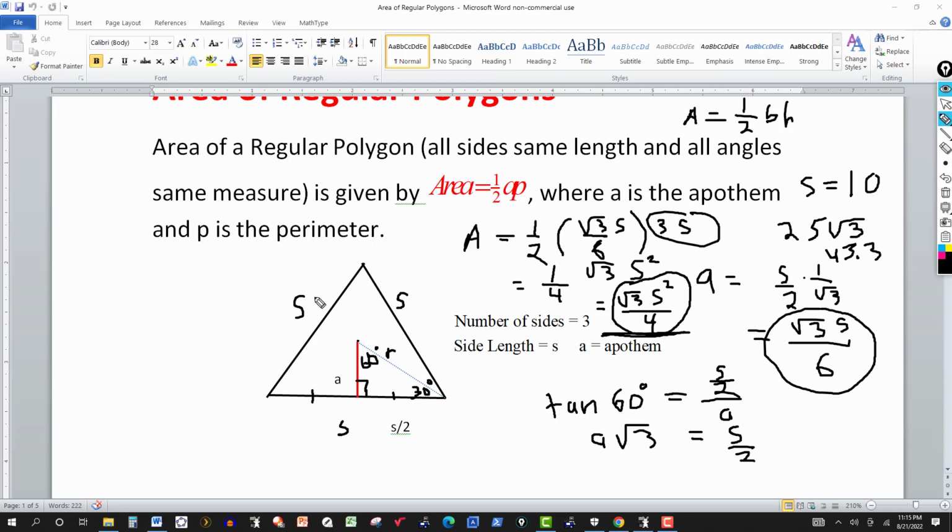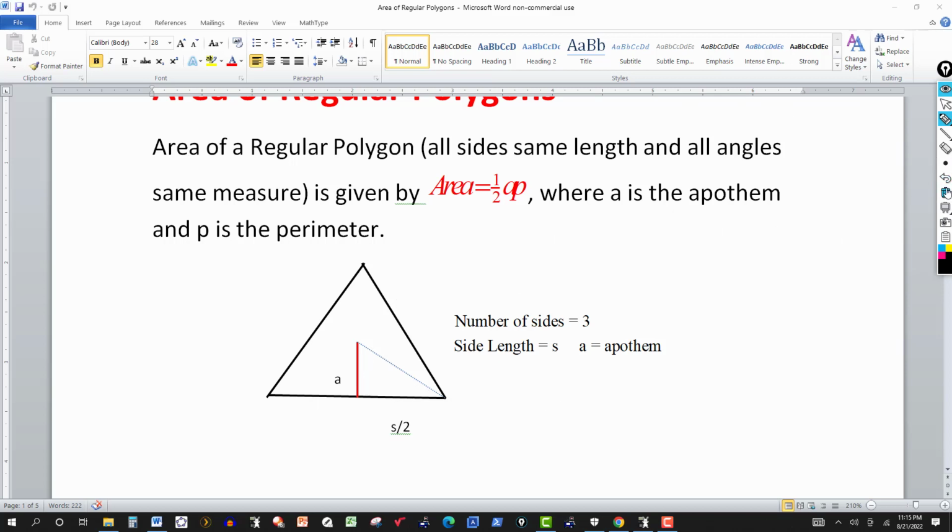I did it here just using S as the length of the side. But if you're given numbers, it works the same way, except you just plug in the numbers. Now to clarify this a little bit, suppose I have a square, and this is say 4 units, and this is 4 units, and you want to find the area of the square.